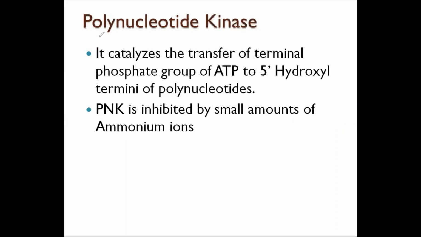Next, we are going with polynucleotide kinase. So what does this do? It is used to catalyze the transfer of the terminal phosphate group of ATP to the 5'-hydroxyl terminus of polynucleotides. In the presence of ADP, it will also catalyze the exchange of 5' terminal phosphate groups and ATP.